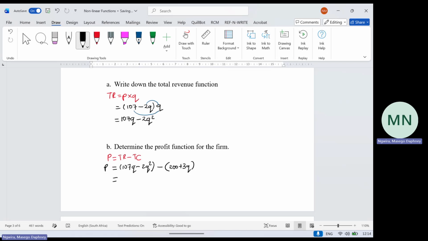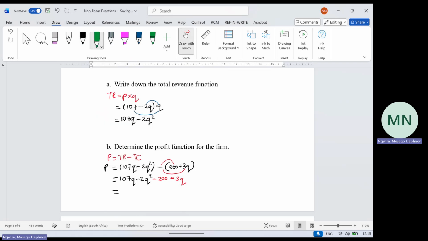There's nothing to multiply with this bracket, so it stays the same: 107Q minus 2Q squared. And then now we distribute this negative here. If you don't understand, there will be a total loss. So this will be a minus 200 and also minus 3Q. And then after this, we add the like terms. These two are like terms.